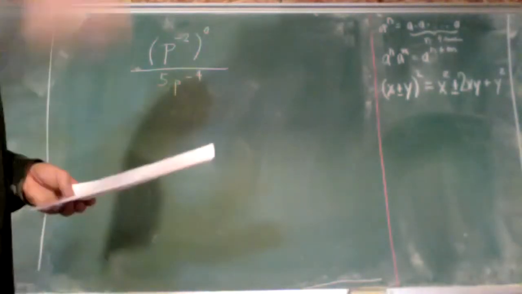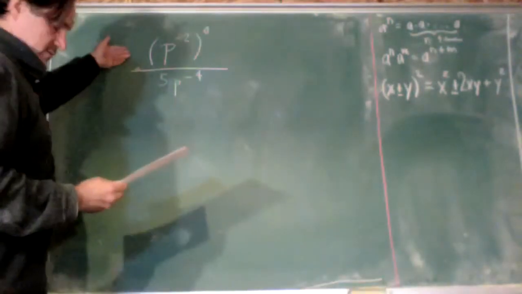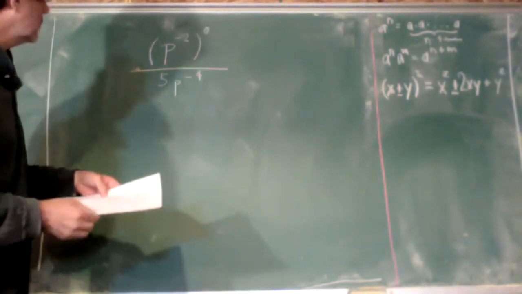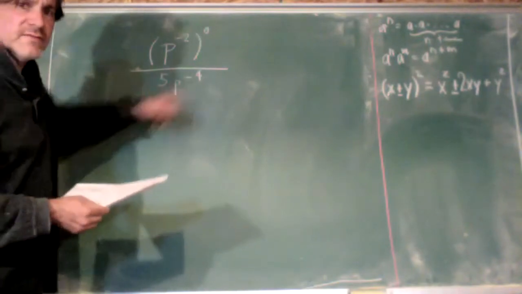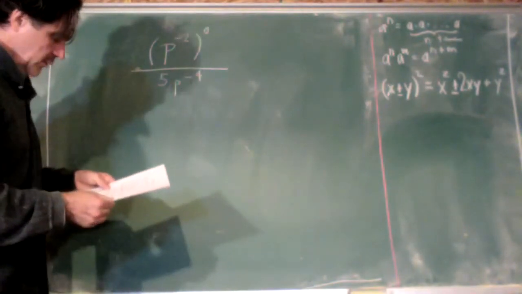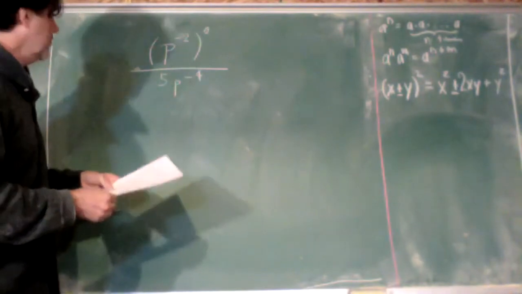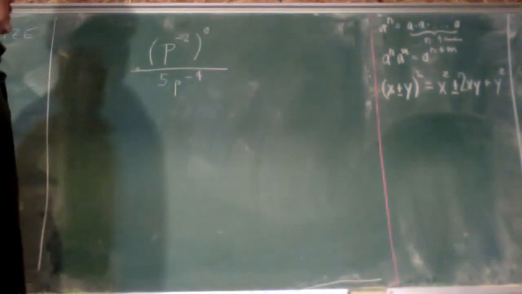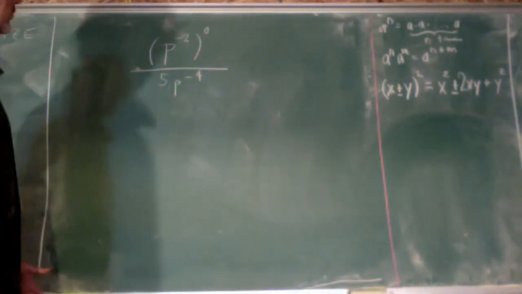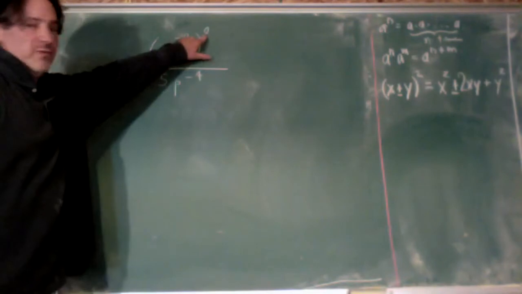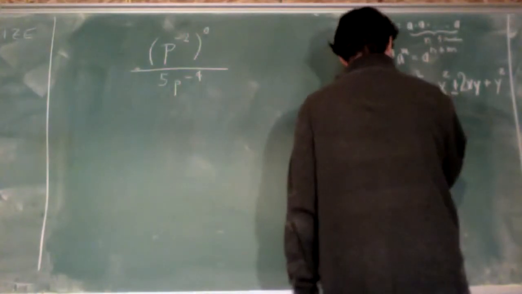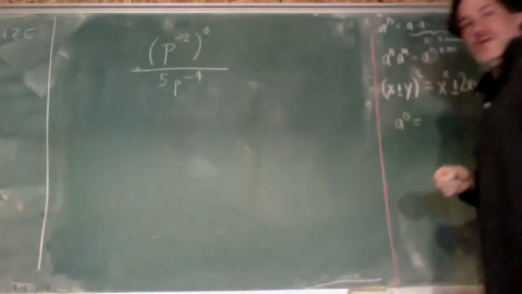Question 9 asks us to simplify this expression and tells us to write our answer without negative exponents. And we assume all variables represent non-zero real numbers. First thing I would urge you to notice is the 0, and remind yourself, what is any non-zero base written to the 0th power?